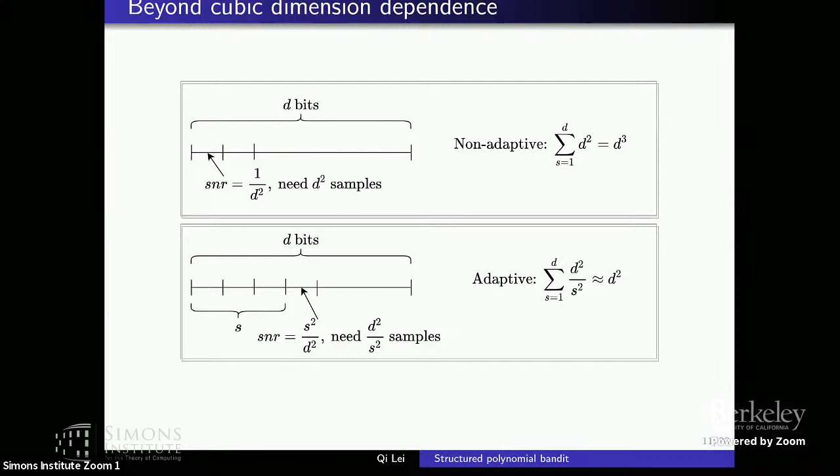Then you can make use of that to help you increase your SNR at this point to be S squared over d squared. So to learn the next bit, you will need d squared over S squared samples. So altogether, if we play adaptively, meaning you can change strategy based on your observations, you can get a total sample of d squared instead of d cubed. So that's the intuition here.